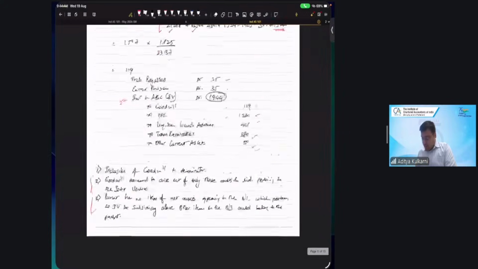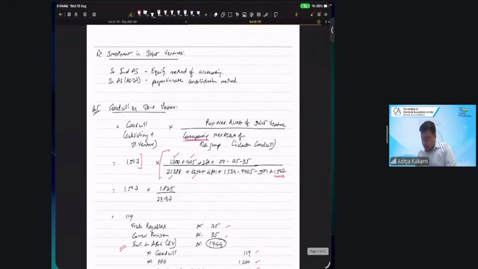That means if I had a 40% stake in a joint venture, I would account at the time of consolidation 40% of assets, I would do a line by line consolidation. 40% of liabilities, I would do a line by line consolidation.